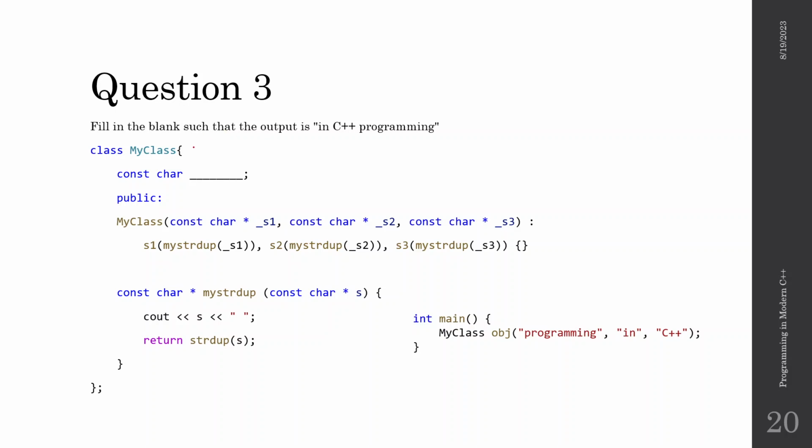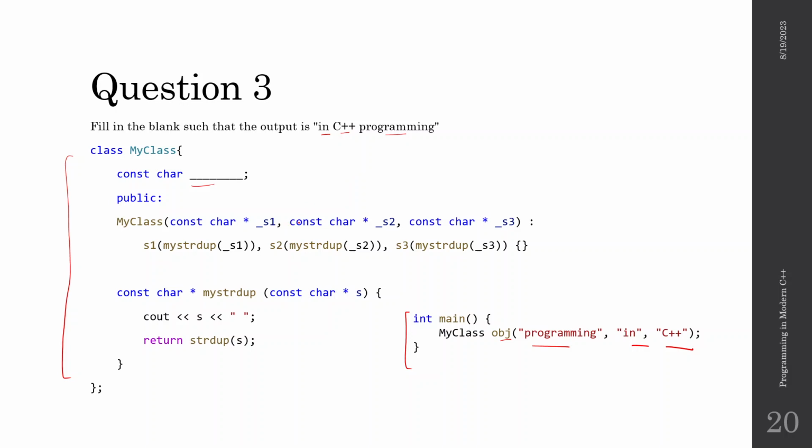We have to fill in this blank such that the output is in C++ programming. This is the class, and this is the main function. In the main function, we are creating an object of this class with the arguments programming in C++. So this is the order.